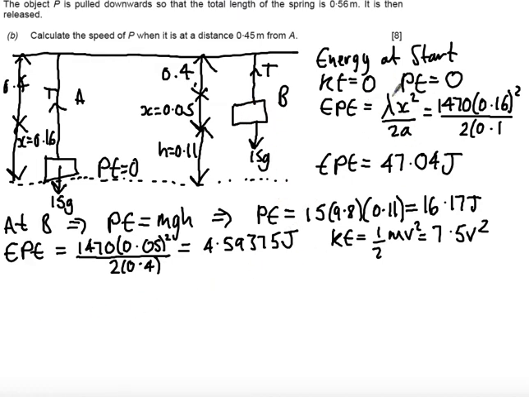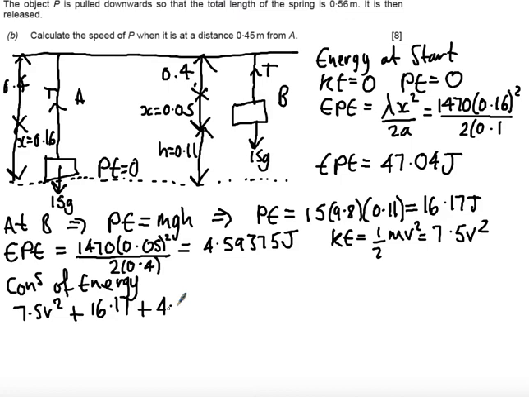Now, I know all the energy at the start of the system, and I know all the energy at the end of the system. No other forces have been applied to the system, so we can apply conservation of energy to this scenario. I'll put B on the left-hand side, so we've got 7.5 v squared plus 16.17 plus 4.59375 is equal to 47.04.